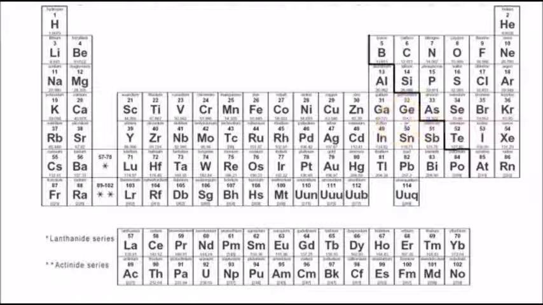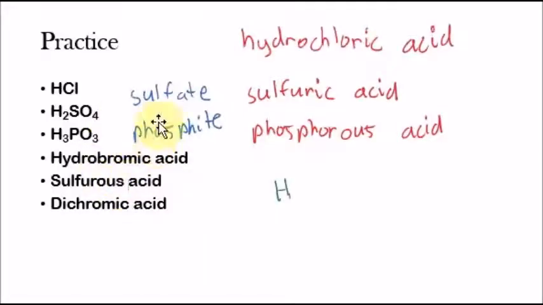That's why it's very important that you know your elements well, because if you don't, then this is going to be confusing. But bromic, work backwards, take the ic ending and turn it back into what element it is: bromine. So that is Br. Now we're going to have to balance the charges to make sure the compound is neutral, because all compounds are neutral.